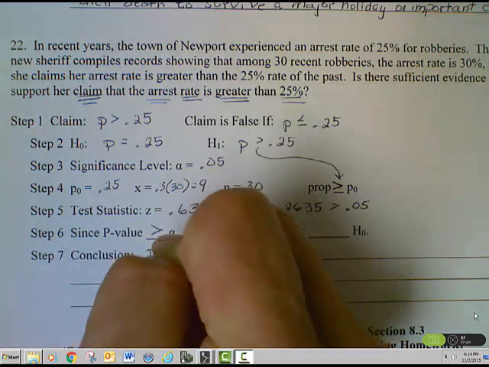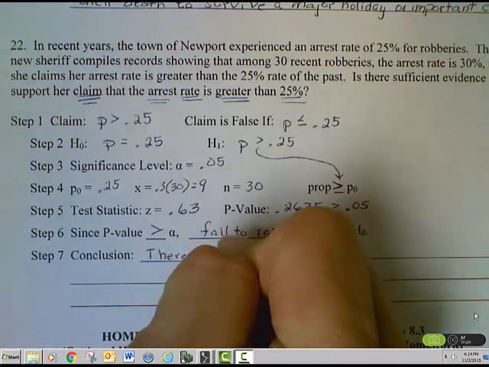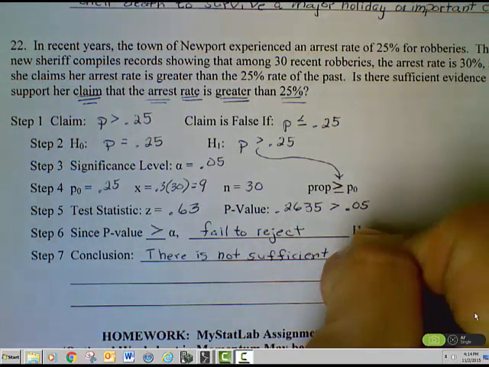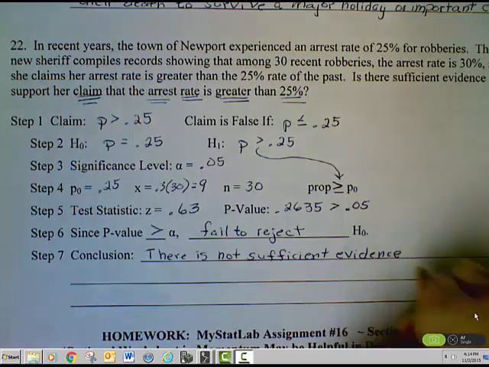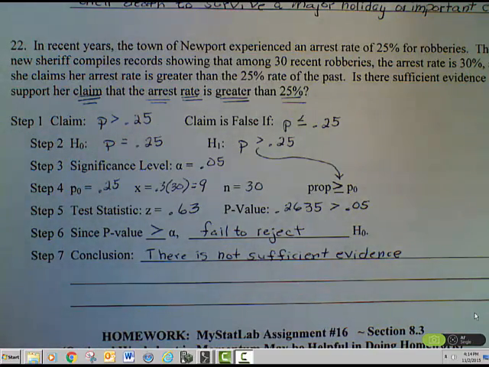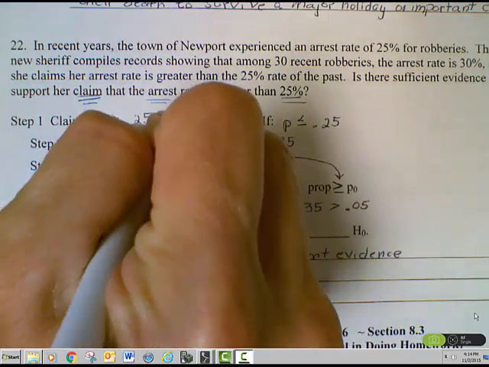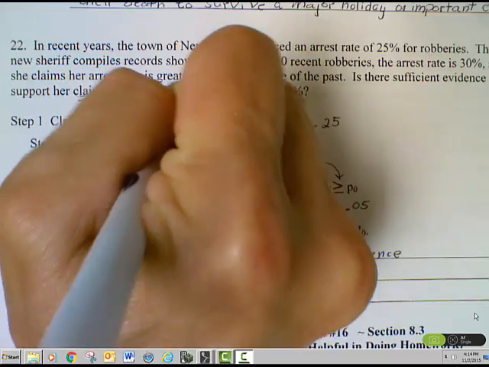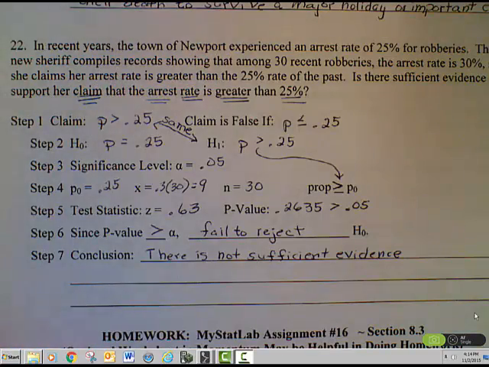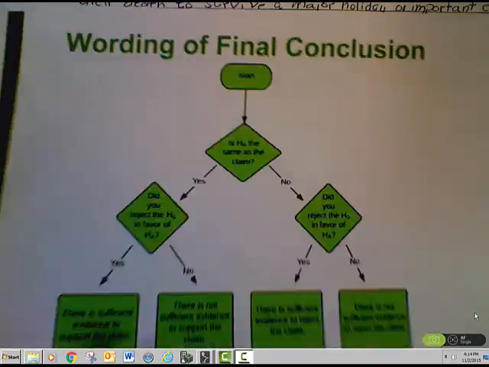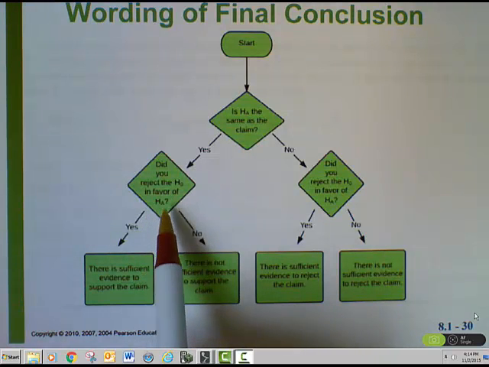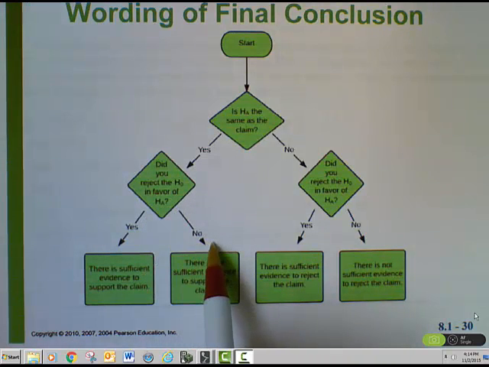So I'm going to start this conclusion. There is not sufficient evidence, and then I need to determine whether I should say not sufficient evidence to support the claim or reject the claim. In order to determine that, is your claim the same as the alternate hypothesis? Yes, it is. If the claim is the same as the alternate hypothesis, did I reject the null? No, I did not.